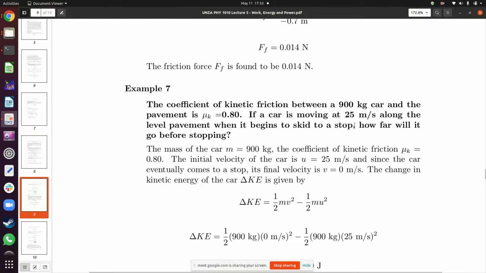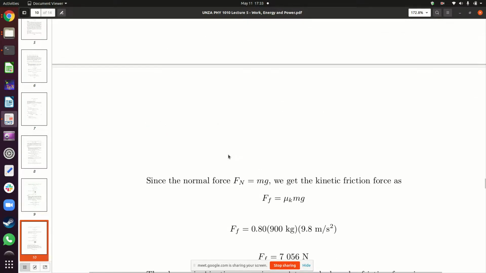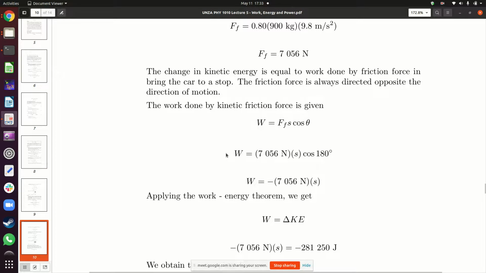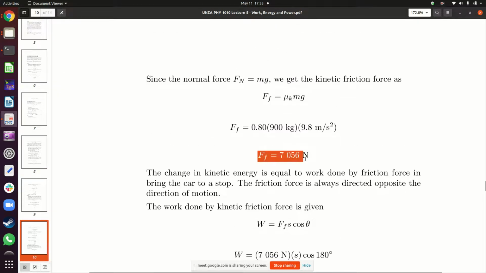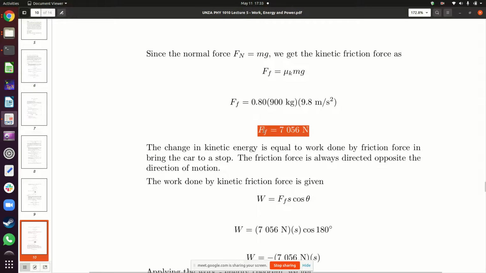The question we're being asked is how far will the car go before it stops? So they're asking us for the stopping distance. For us to do that, since we have a friction force, we work out the work done by the friction. So the work done is equal to the friction force multiplied by the displacement, which is what you're looking for, multiplied by the cosine of the angle.